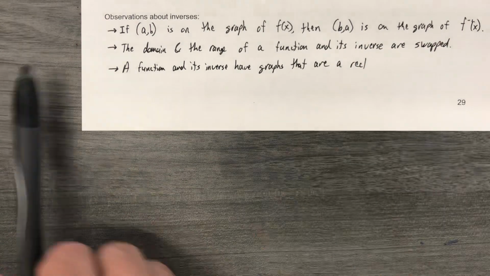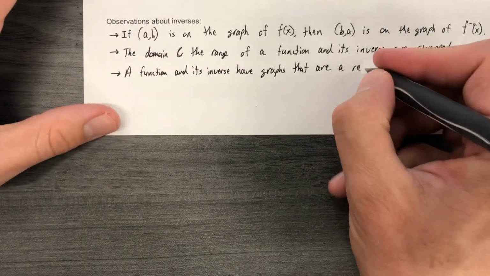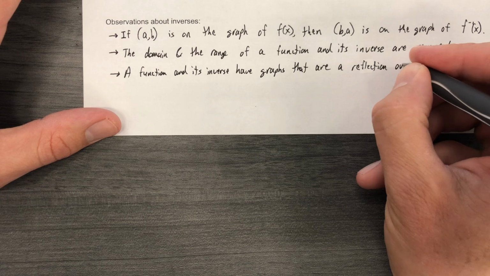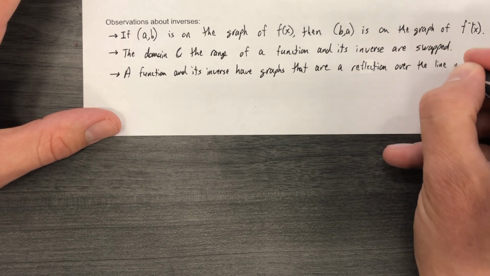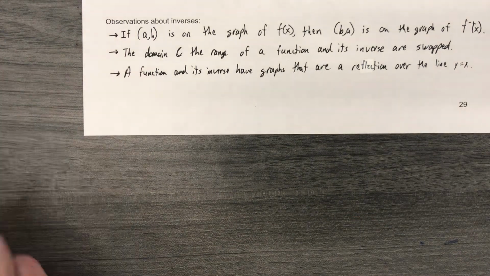Ooh, spelling alert. I almost spelled rectangle. That's not it. Reflection over the line or about the line y equals x. Okay, we have a couple more observations, and we're going to go back to previous problems.